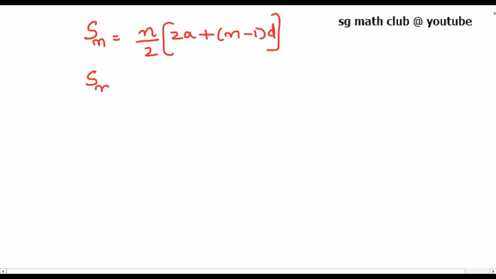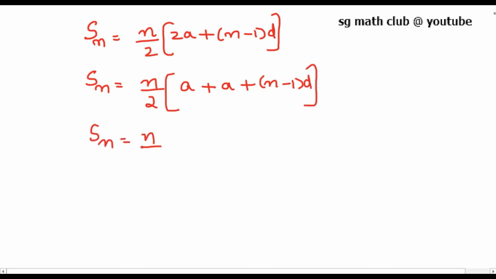We have derived the formula for the sum of the first n terms of an AP: n by 2 into 2a plus n minus 1 into d. From this we can derive one more formula. Sn is equal to n by 2 into this 2a, which I can write as a plus a, plus n minus 1 into d. Now you can see Sn equal to n by 2 into a plus, and what is this a plus n minus 1 into d? This is the nth term of the AP. So a plus the nth term of the AP.